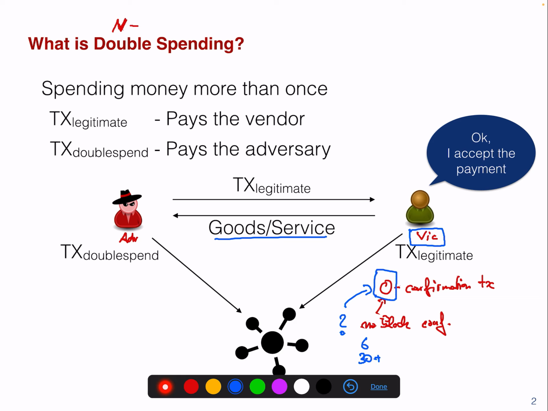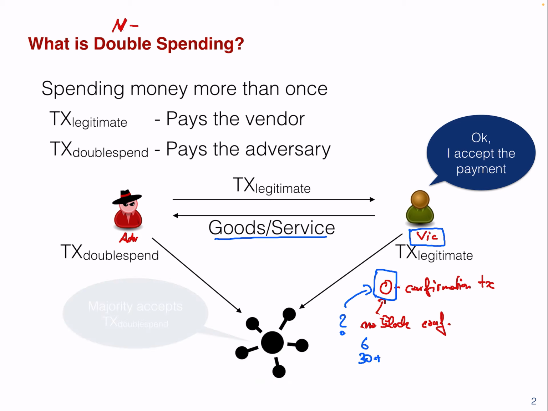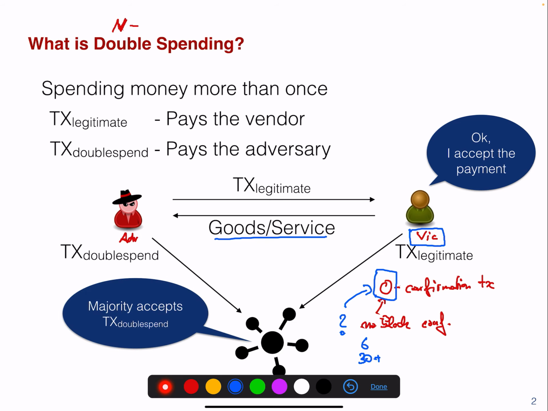So that's why it's called a zero confirmation. If the honest network will accept the double spend transaction, then the legitimate transaction is invalidated, and the double spend transaction is deemed the right one, right? At least by the network, not by the victim.